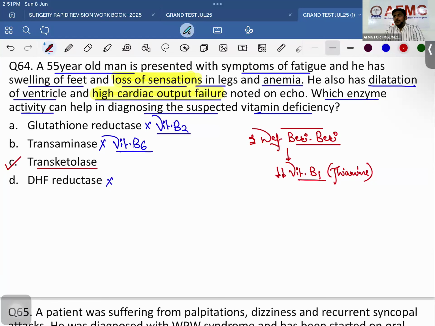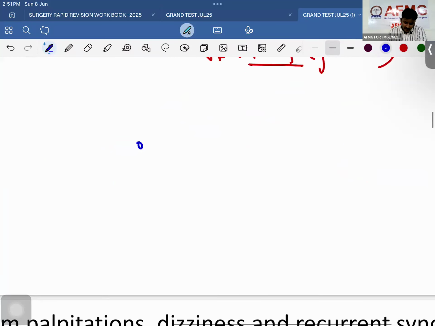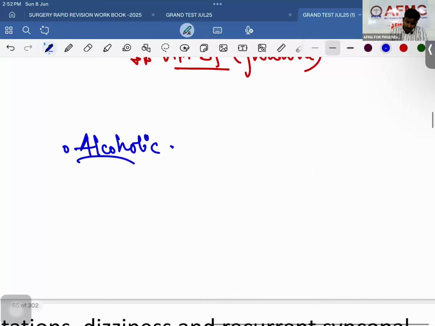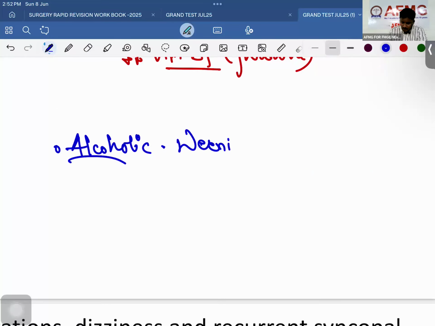We know that whenever a normal patient or a polished rice eater will have a vitamin B1 or thiamine deficiency, he will develop beriberi, beta. Only neurological features, dry beriberi; neurological features along with heart failure, wet beriberi, beta. Important: if a chronic alcoholic develops vitamin B1 deficiency, beta, or thiamine deficiency, that is classically known as Wernicke's Korsakoff syndrome, beta.